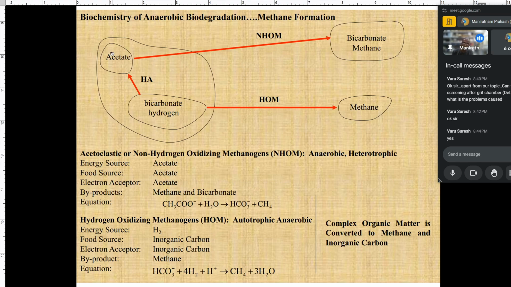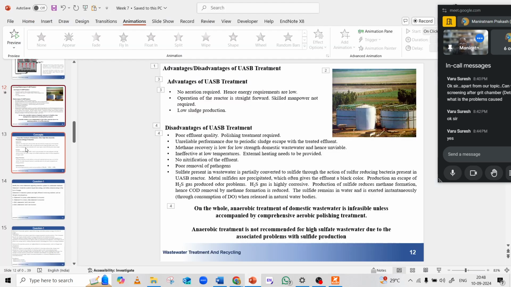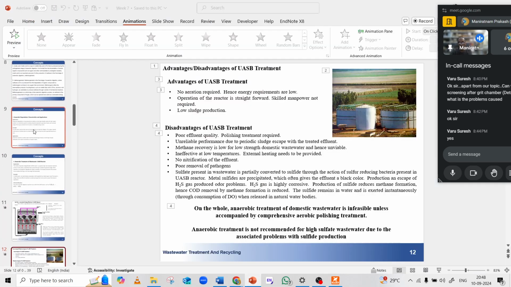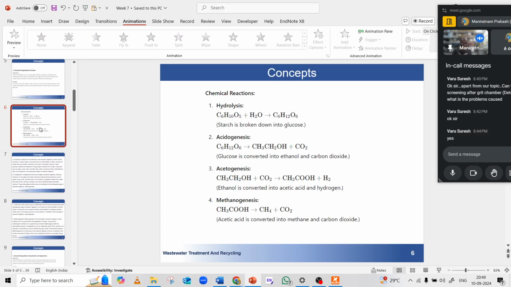Once this acetate has formed, it will be getting converted into either bicarbonate methane or simple methane, okay? Remember, when we were looking into this reaction, it seems very simple, that these are getting converted into this. But when someone is working in this anaerobic area, they have to deal with it, because this reaction is not a simple reaction.